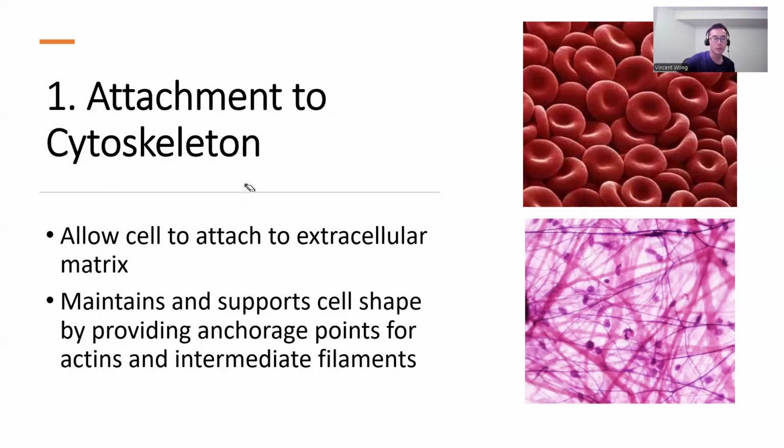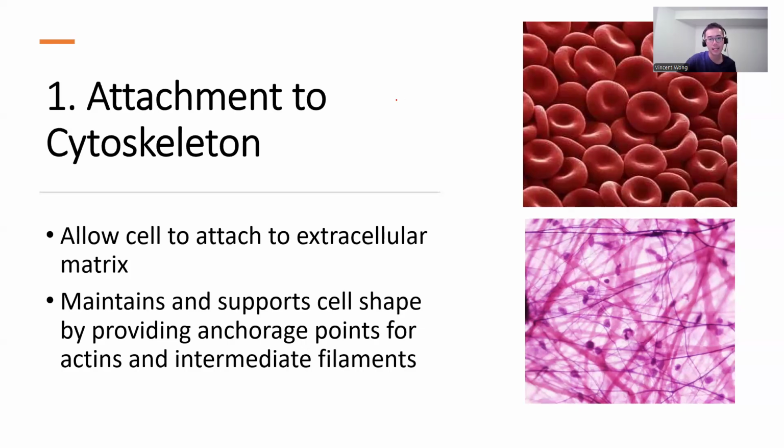So cytoskeleton we learned last time are these actin fibers, microtubules, all these things that are within the cell, but there is also some cytoskeleton that exists outside of the cell as well. And in order to bind to these things, there needs to be some kind of anchorage point for them. The proteins in the membrane serve as the anchorage points.